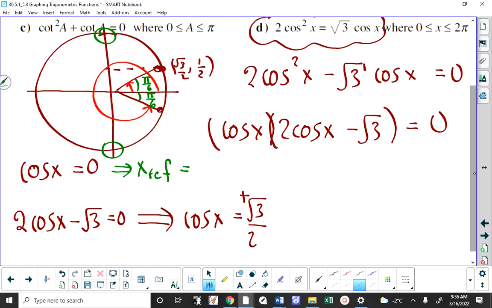Now this is awkward because when I say to you which quadrants is the terminal arm in, you look at whether the cosine is positive or negative, and positive or negative doesn't apply to 0. 0 is not positive and 0 is not negative. So unless you know something about the unit circle, this can get very confusing.